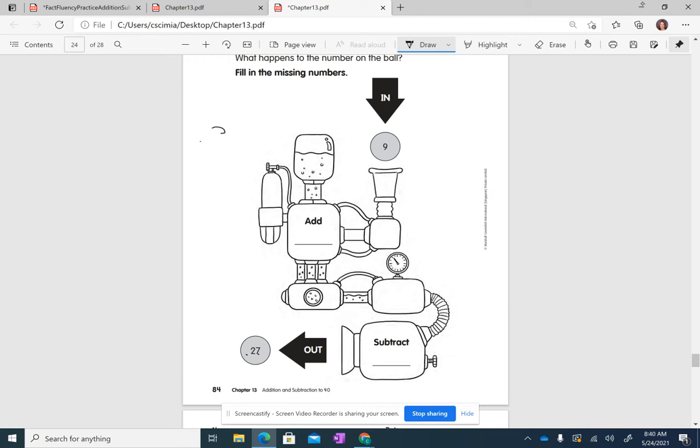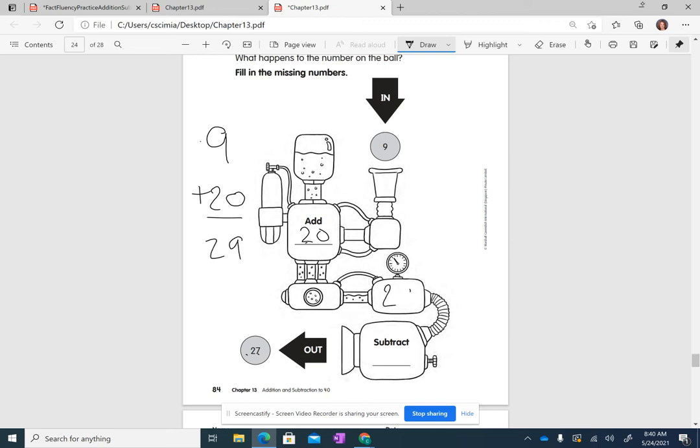So 9 plus what is going to get to 27? So if we put a 9, and let's just say we added 20. 9 plus 20 is going to be 29.